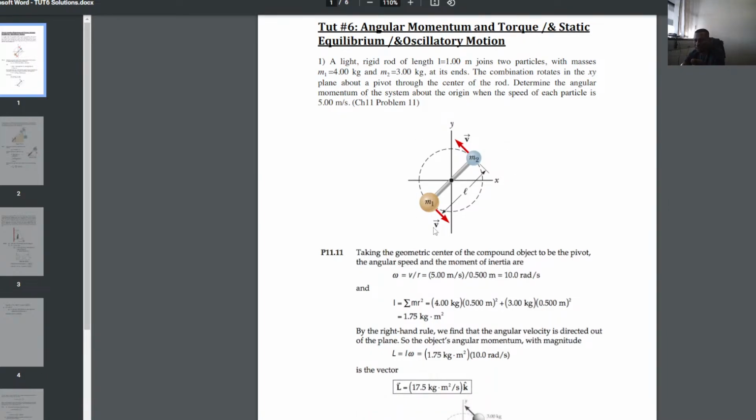Question number 1 is basically here. It says determine the angular momentum of the system. I could see YouTube is slow, the internet speed is slow, but it's still there though.